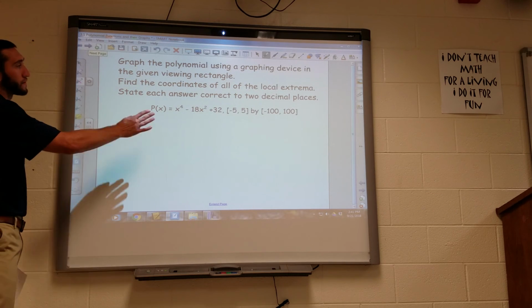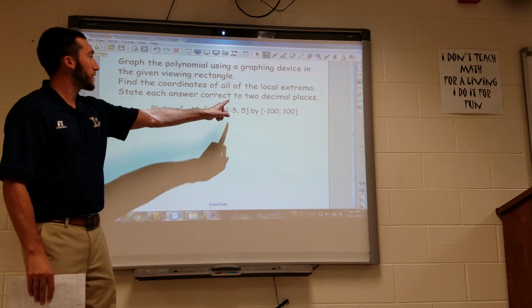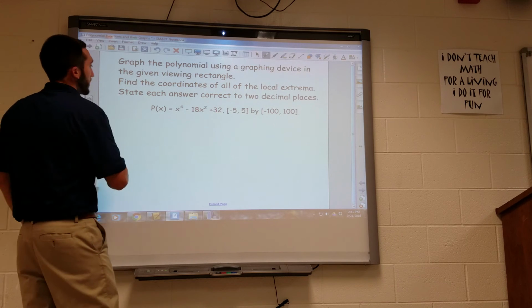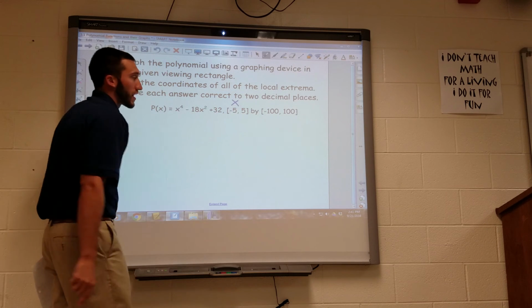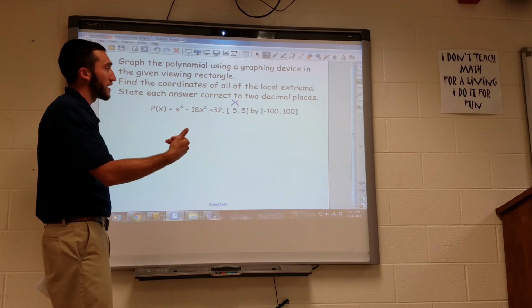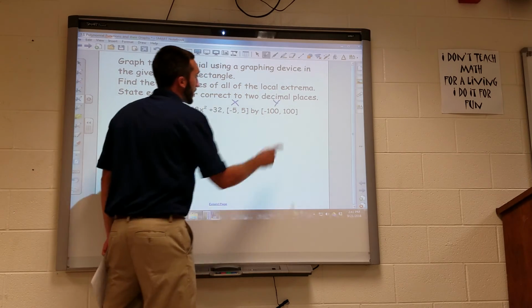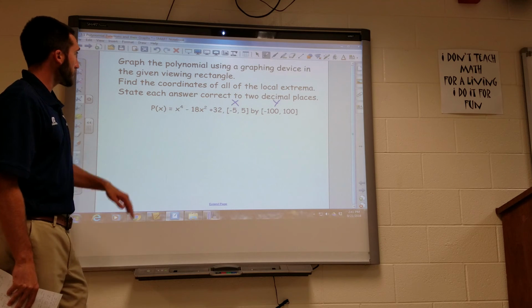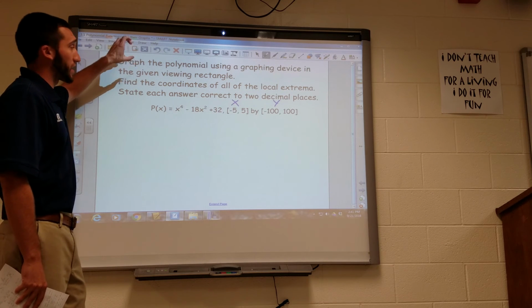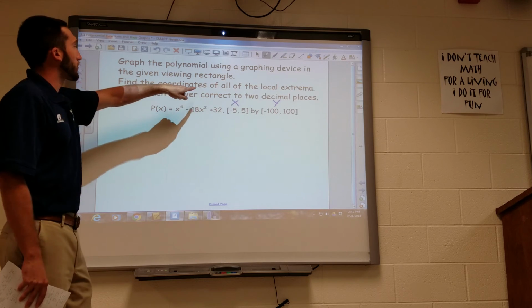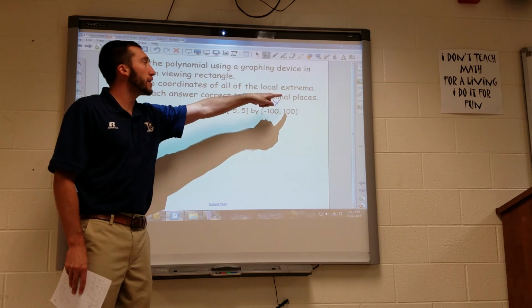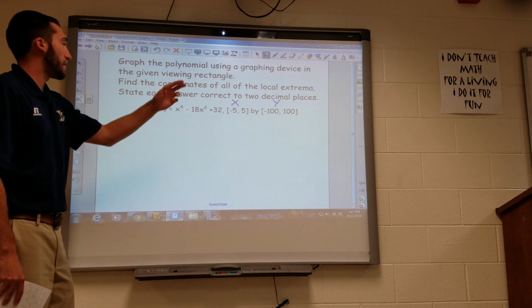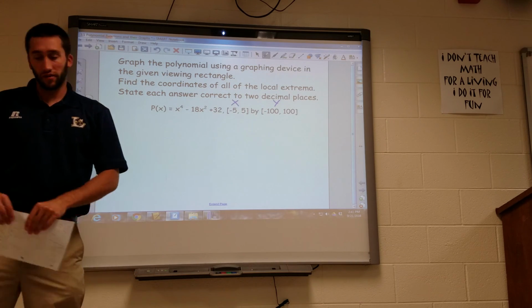Finally, they want us to graph this polynomial with this window. So when they give us this, they want us to use the window where x has a minimum of -5 and a maximum of 5, and y has a minimum of -100 and a maximum of 100. They're asking us to graph this on a calculator and then find the coordinates of the local extrema, those just being minimum and maximum. That's all extrema really means, and then correct to 2 decimal places. So let's graph that real quick.